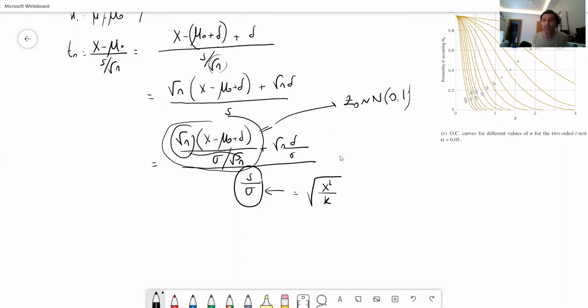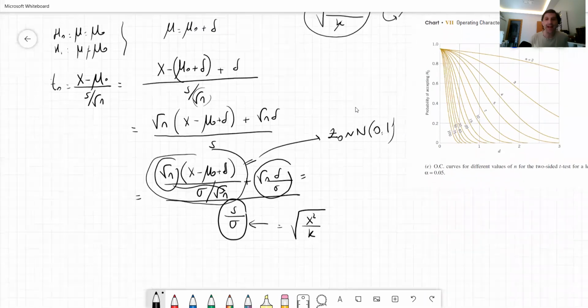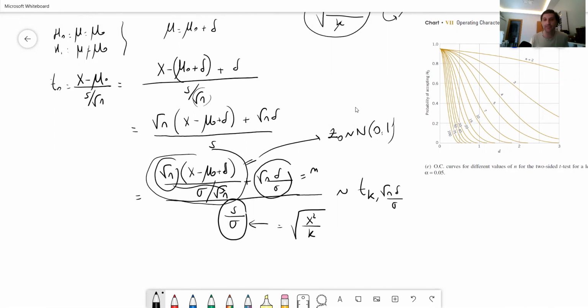Since mu 0 plus delta is the actual population mean, this is going to be standard normal distributed. So this term is going to be equal to what we called here m. So this is going to be a t distributed random variable with k degrees of freedom with m as the non-centrality parameter, and therefore the non-centrality parameter is going to be equal to this.